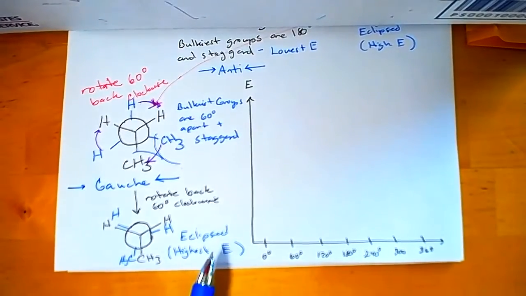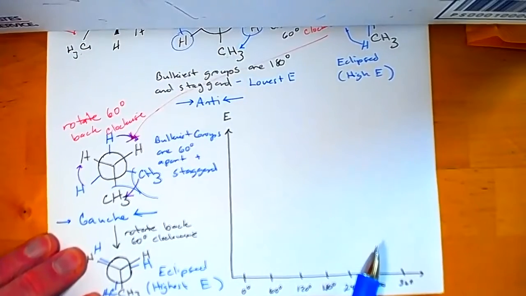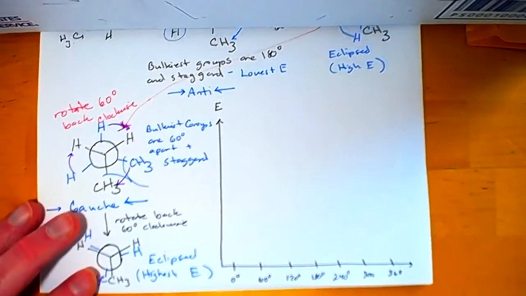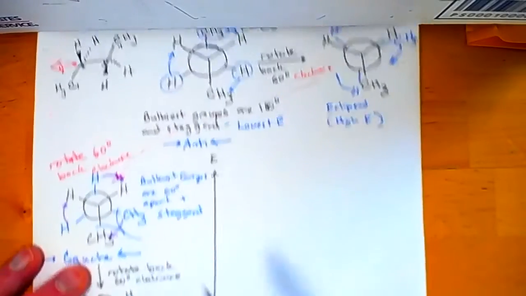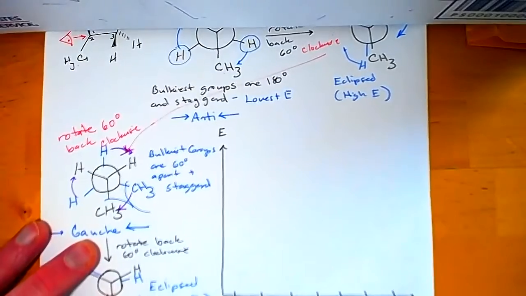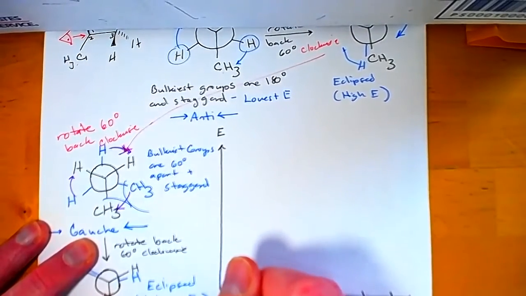Now what I want to do is try to graph what we've just done in a 360-degree rotation, where we're rotating that back group 60 degrees each time. So we're going to start off at 0, and 0 was the anti-conformation, and so that means that this is starting off life right here.